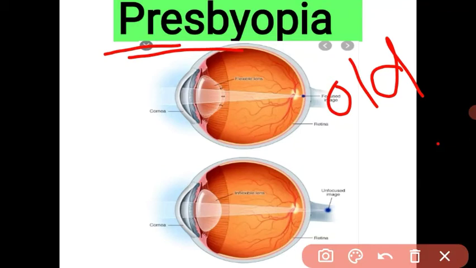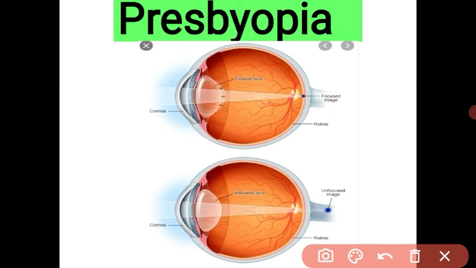See, this is the normal vision, in which there is a ciliary muscle. These ciliary muscles contract and relax, and due to these ciliary muscles the lens is flexible. When we want to see a far object, the lens becomes thinner, and when we want to see a near object, the lens becomes rounded.